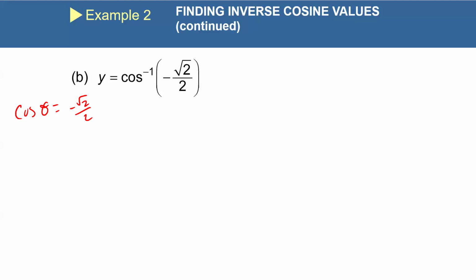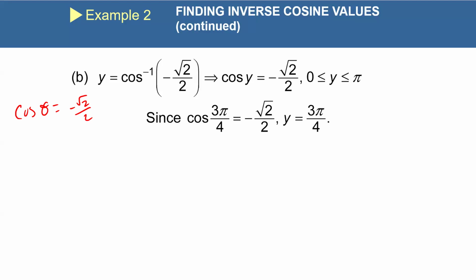What is that in radians? Okay, we need a negative cosine, right? Which means that we are in quadrant 2 or 3. We can't use 3, can we? No, so it has to be in 2, which puts us at 3 pi over 4. Got it?